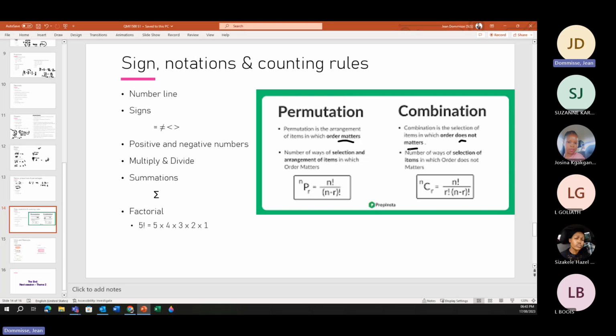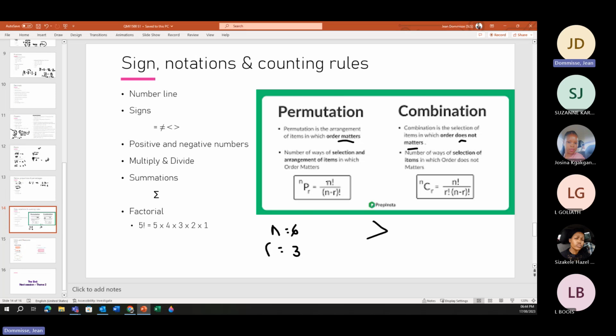So your permutation, when you work it out, will always be bigger than your combination. If I had, say, n equal to 6 and r equal to 3, your permutation, when you calculate it, will always be bigger than your combination.